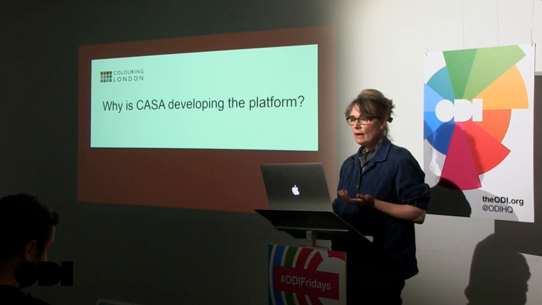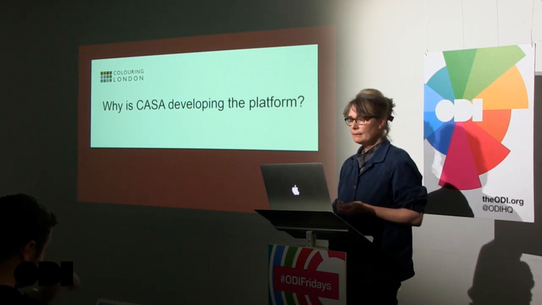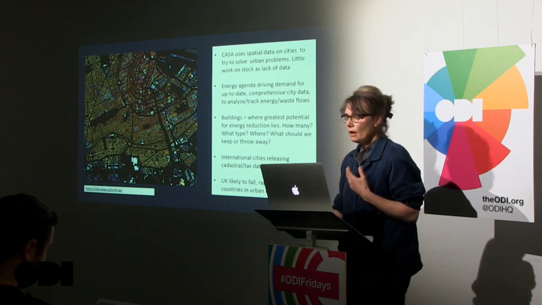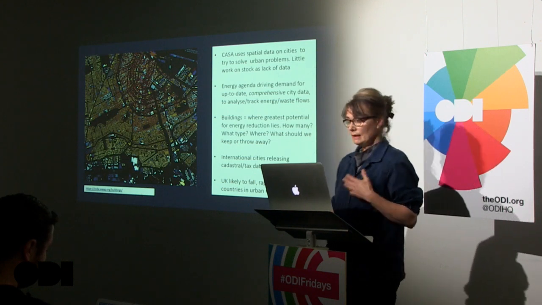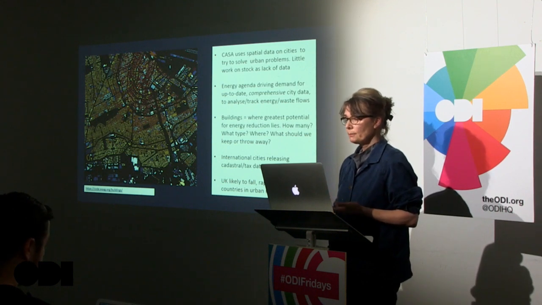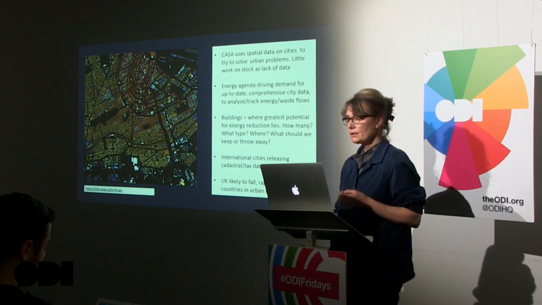So why, apart from collating the fragmented information, is CASA developing the platform? What we need in research is spatial data on cities to try and solve urban problems. And there's a real problem with information on the actual building stock.